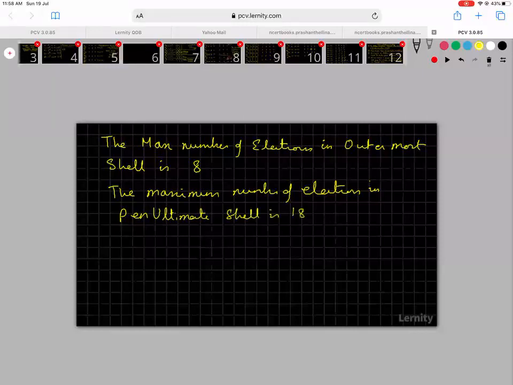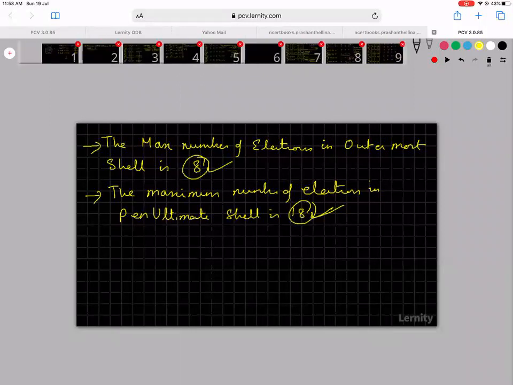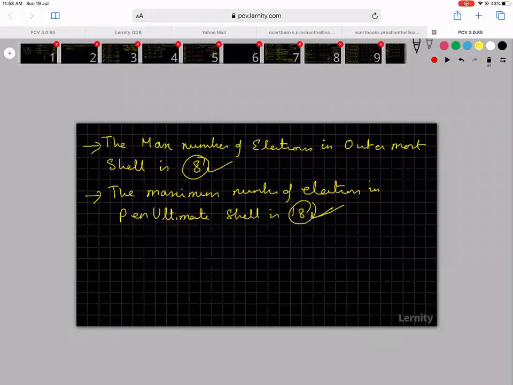Okay, so we have to remember this. When we are fixing the number of electrons in the outermost shell, we have to remember this. The maximum number of electrons in the outermost shell is 8. The maximum number in the penultimate shell is 18. Based on this, we have written all our electronic configurations.